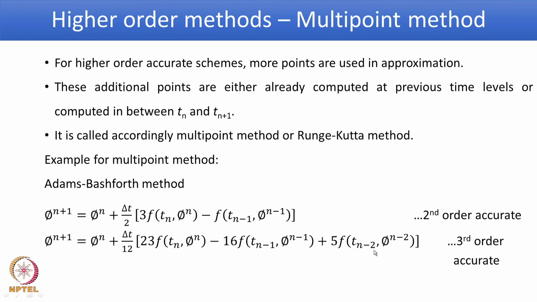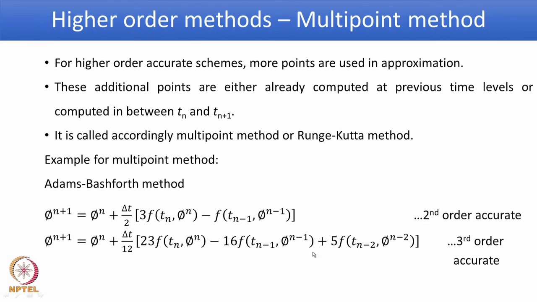So, n is just the immediate previous time level, n minus 1 is one before, and n minus 2 is one even before that. So, by considering more points in the previous time levels, you are able to construct a method. This is what is known as the Adams-Bashforth method.